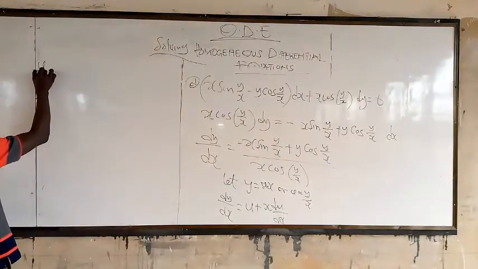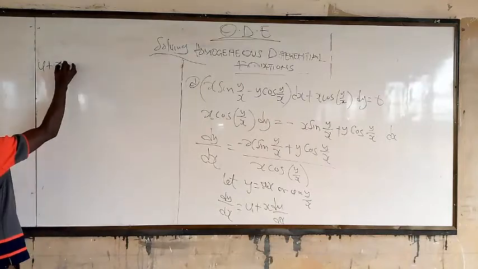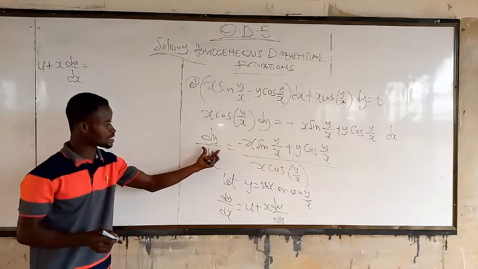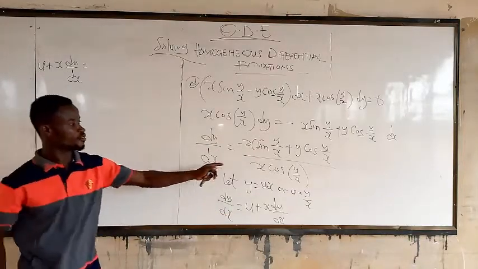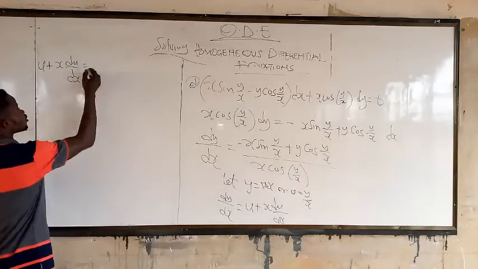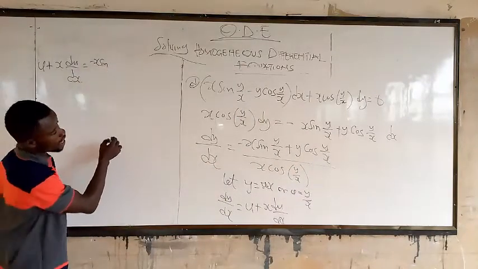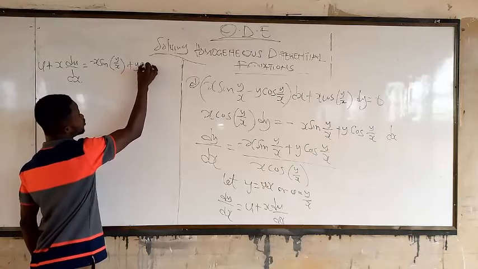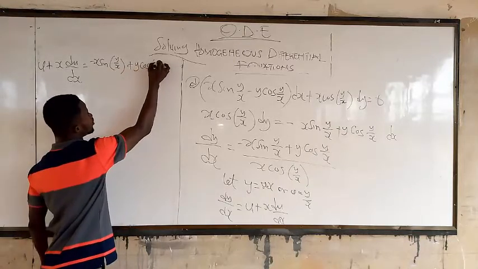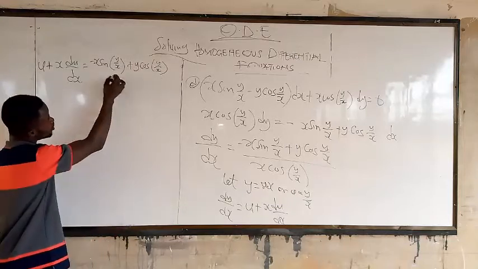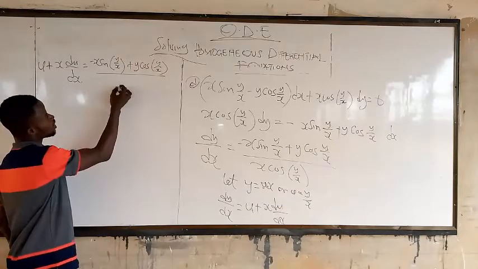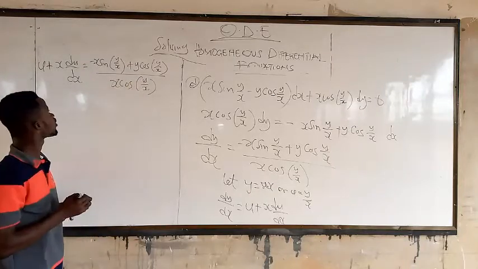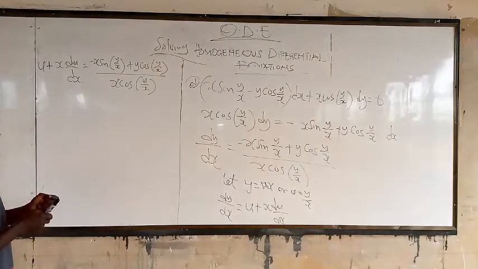So we get u plus x du/dx to be equal to, that is dy/dx, exactly what is here. Then we are going to repeat everything here. So negative x sin y over x plus y cos y over x, all this over x cos y over x. Very good.